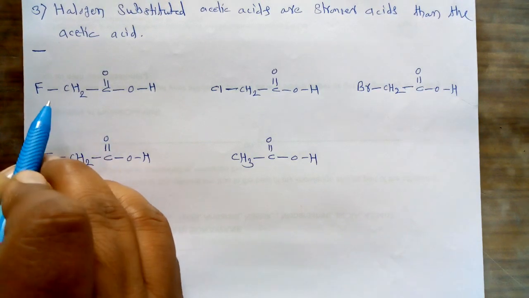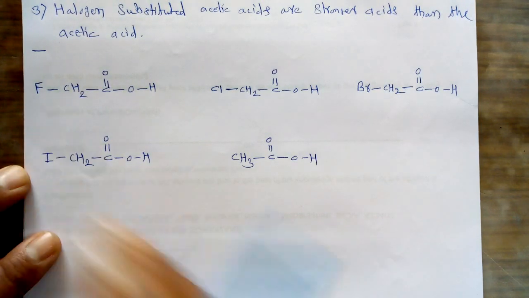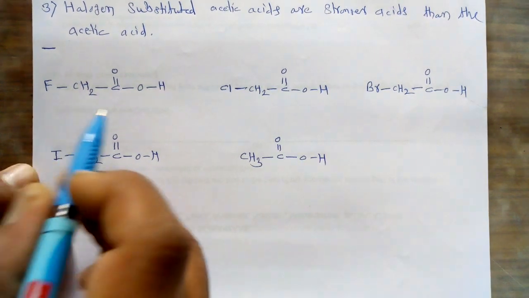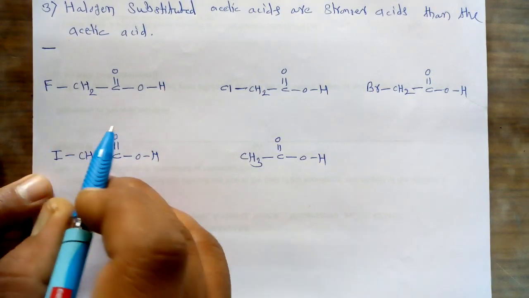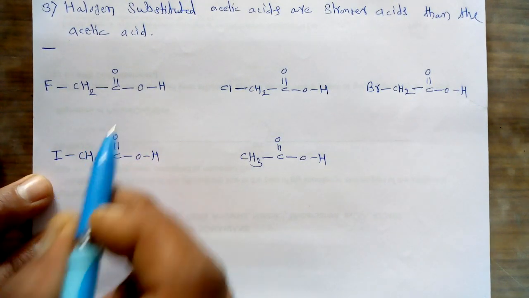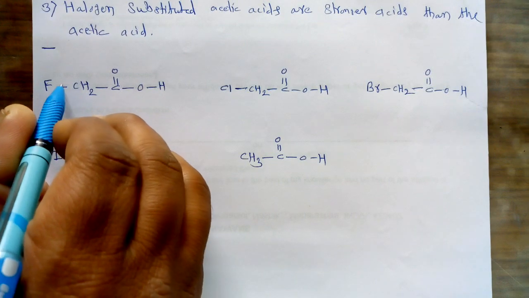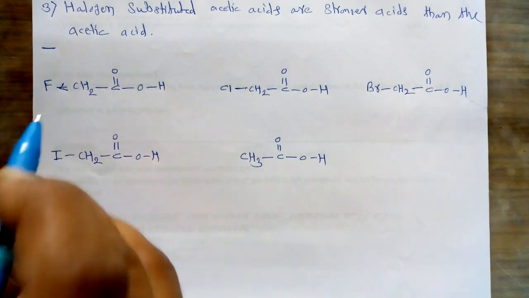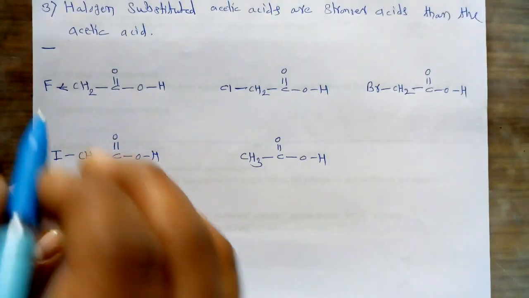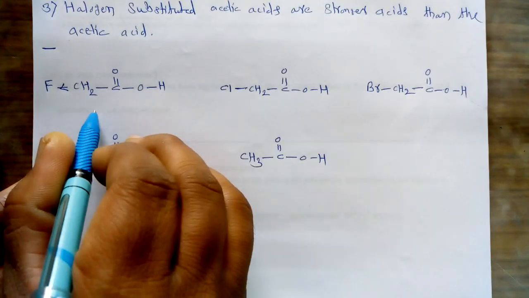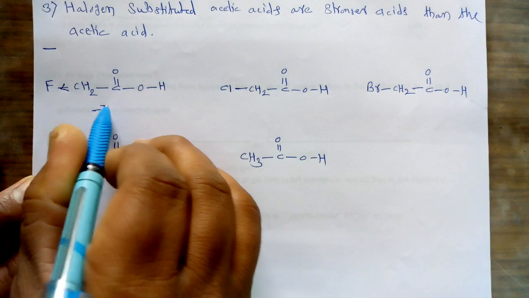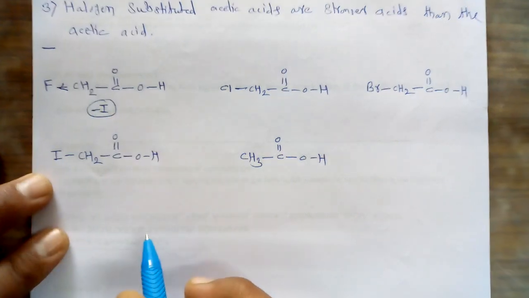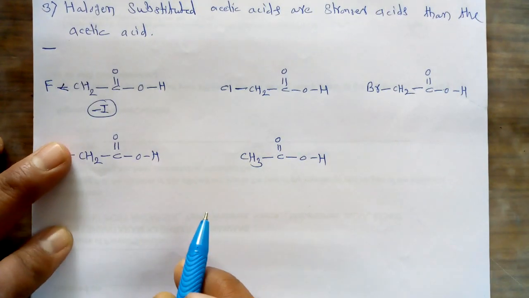We know these halogens are more electronegative atoms. That's why they have the tendency to attract the bonding electron pairs towards themselves. So electron density gets transferred towards these halogens, and these halogens show the minus I inductive effect.